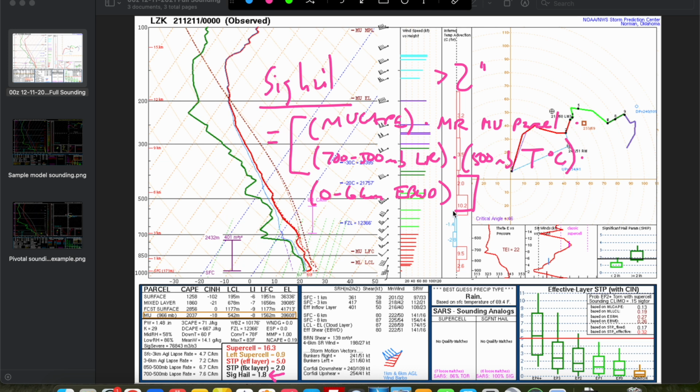We're going to take all of that and divide it by 44 million. And this gives us a significant hail parameter.